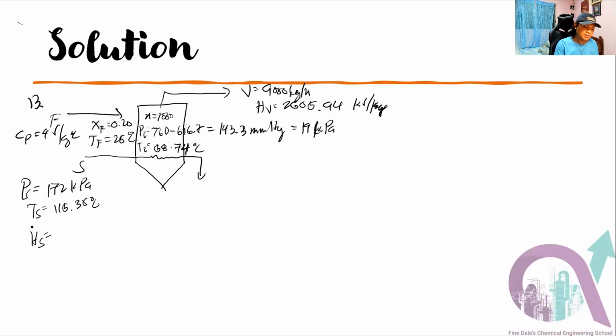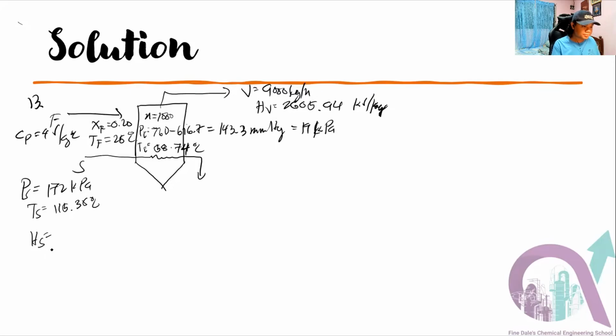So that's how I got those values. You get it from the steam table. If you don't know how to get it from the steam table, I will post the video here at the upper right hand corner of the screen. I made a video on how to use the steam table.